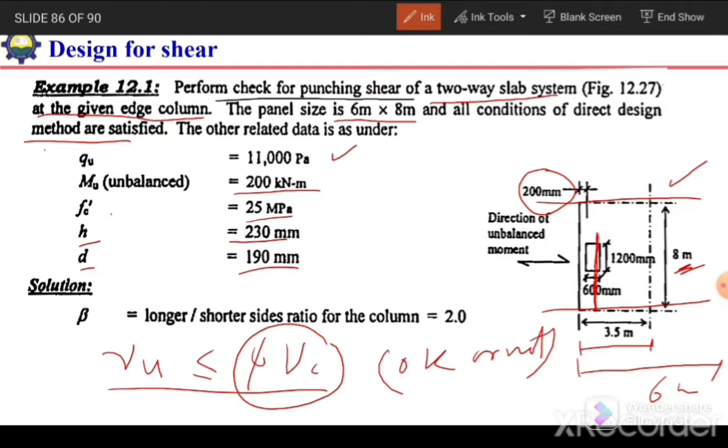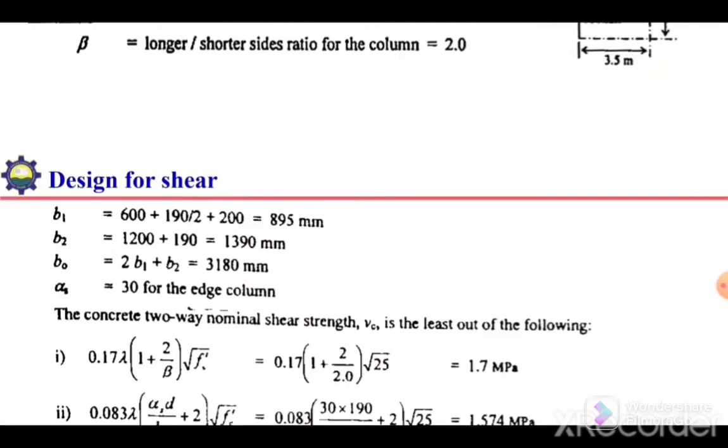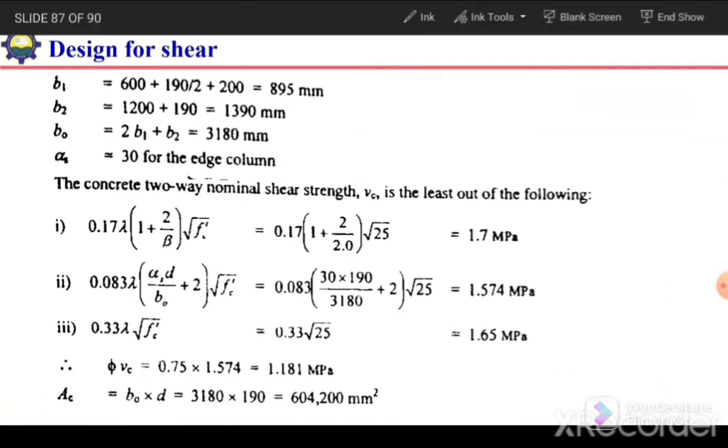So here phi will be equal to 0.75, which is in case of slabs, and Vc we can calculate by using three equations, and these three equations are given over here. These three equations have lambda, beta and Fc prime. So beta is actually the ratio of longer to shorter side of the column.